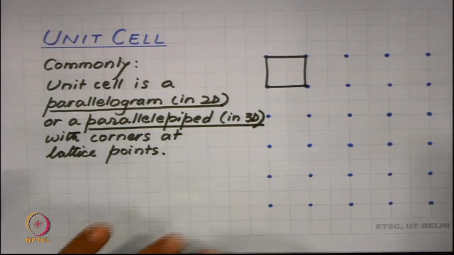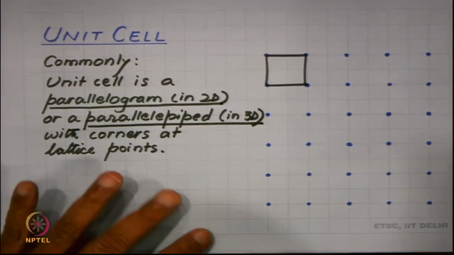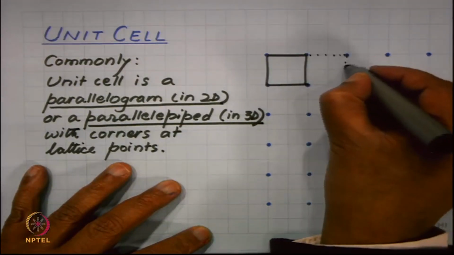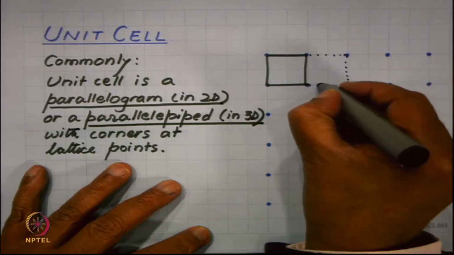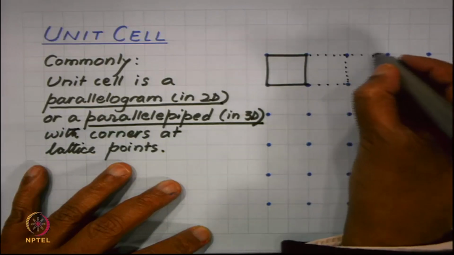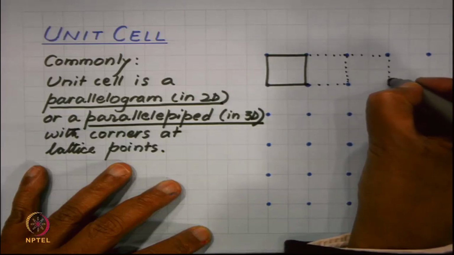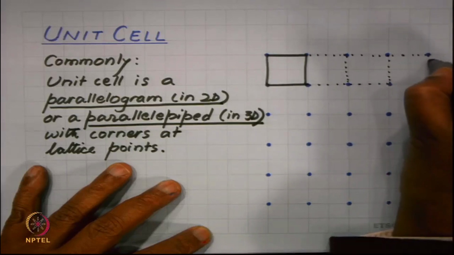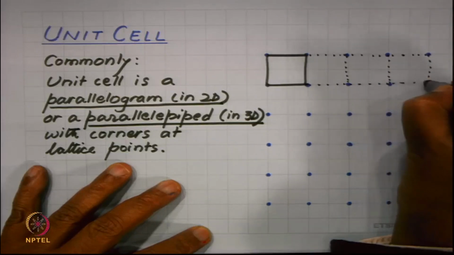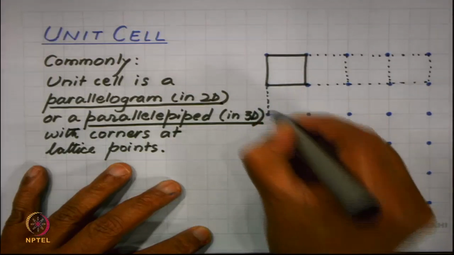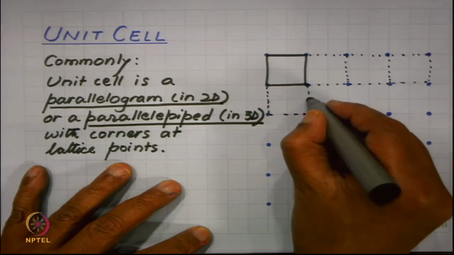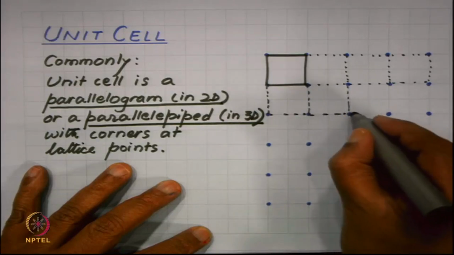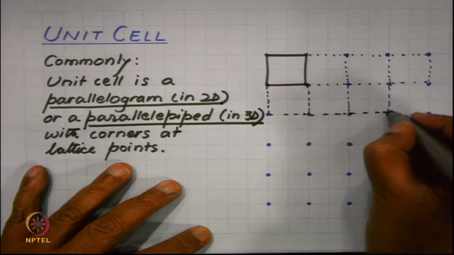This square will be the unit cell, because it has corners at the lattice points, and if I start repeating this square, I see that I can get the entire lattice, all the points can be obtained by such repetition.